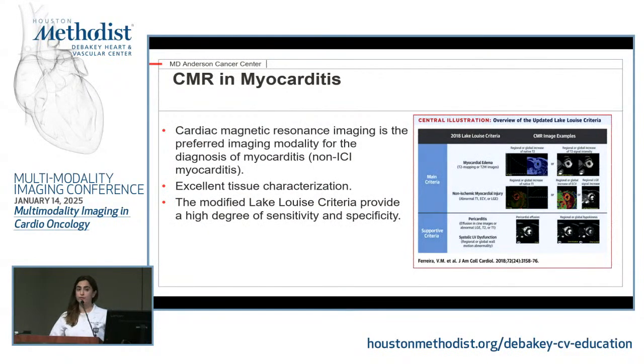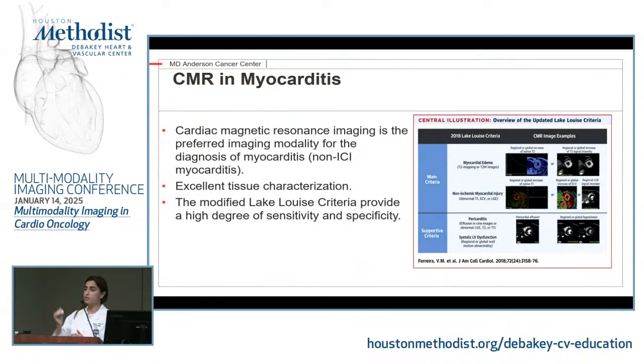Now the question of CMR, I wish it was very simple. In regular myocarditis, we have a great deal of information that CMR is the first line imaging modality to recognize myocarditis. We have the modified Lake Louise criteria looking at T1 and T2 based techniques.